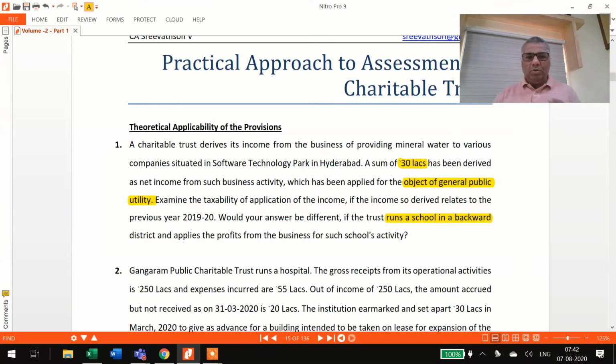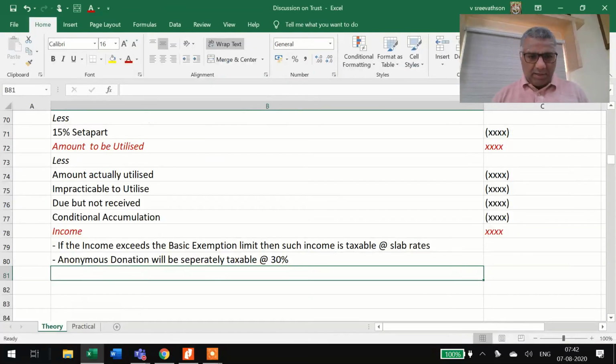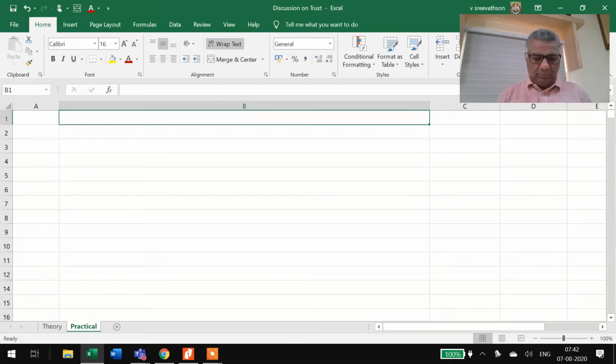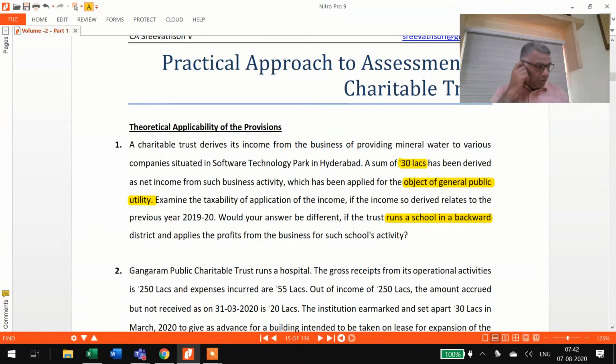So some questions, whichever questions I am leaving, are the administrative part of the provisions, which we will answer in the next class. To your practical notebook.